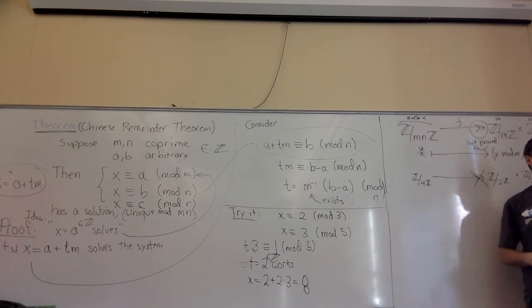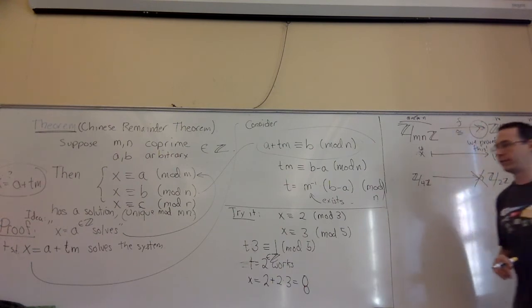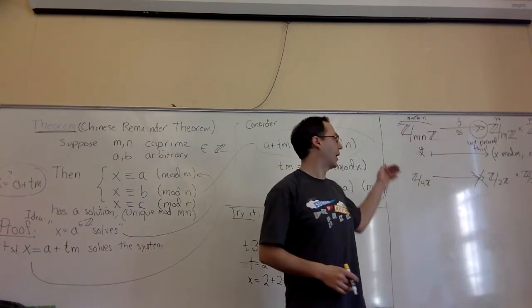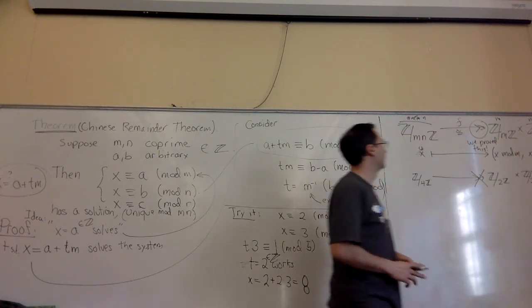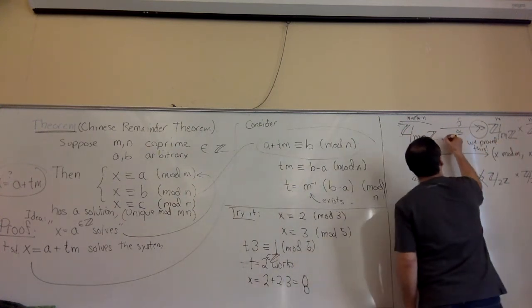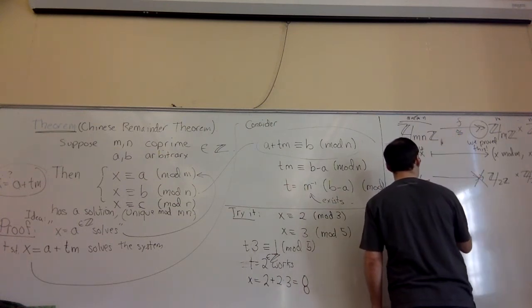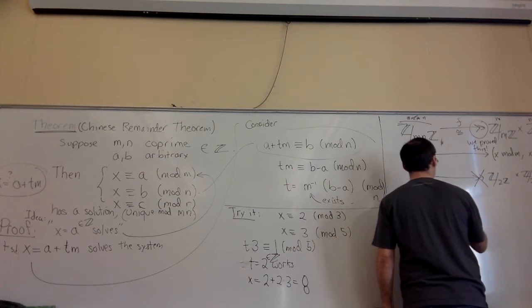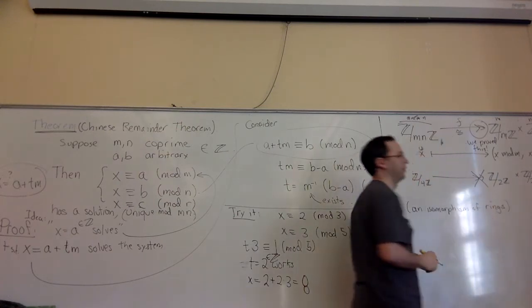So that implies that it's a bijection. Or if you like ring theory, it's an isomorphism of rings from this one to that. This is an isomorphism of rings. But if you just like sets, it's a bijection of finite sets.